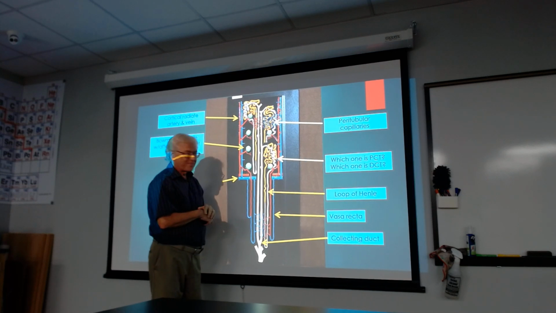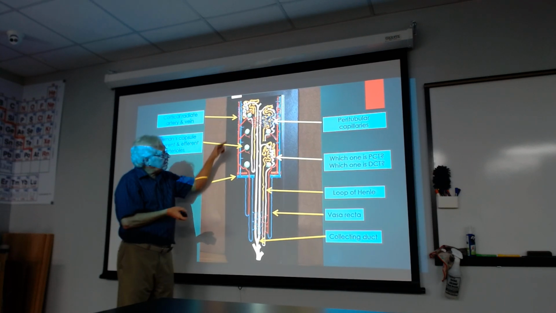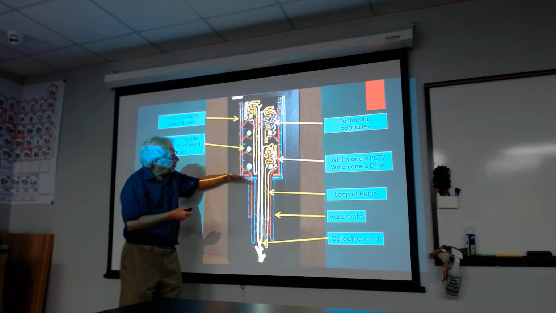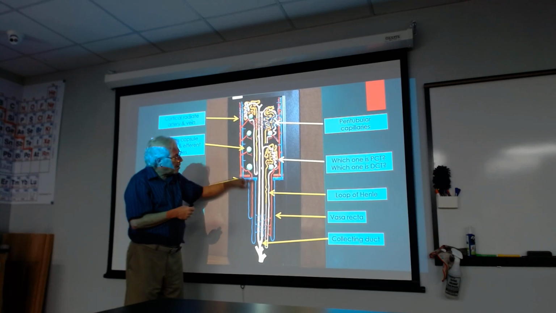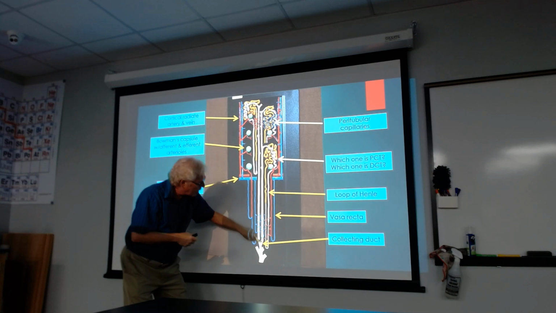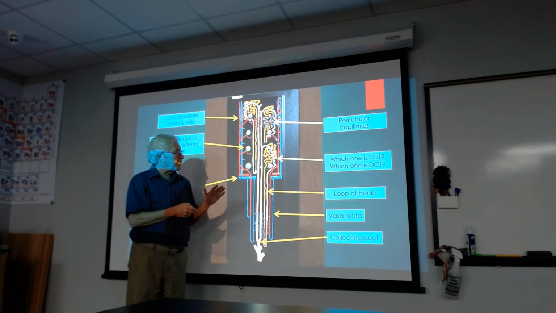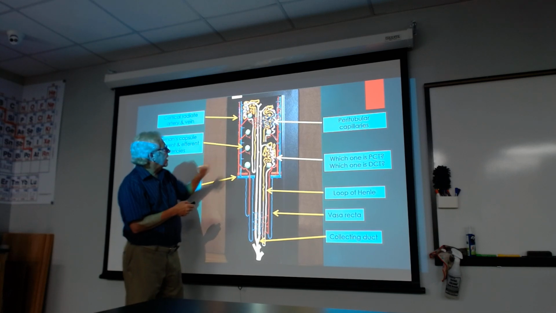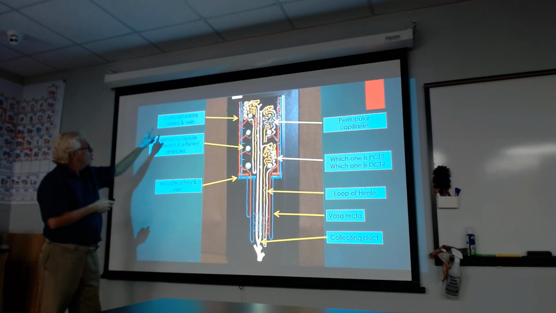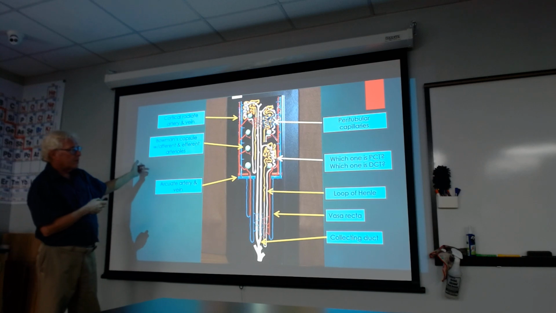and that is the one that ends up in the collecting duct. Got it? Now, do you see how this loop of Henle is still here in the cortex? But this loop of Henle is way down here in the medulla. Got it? That's on purpose.